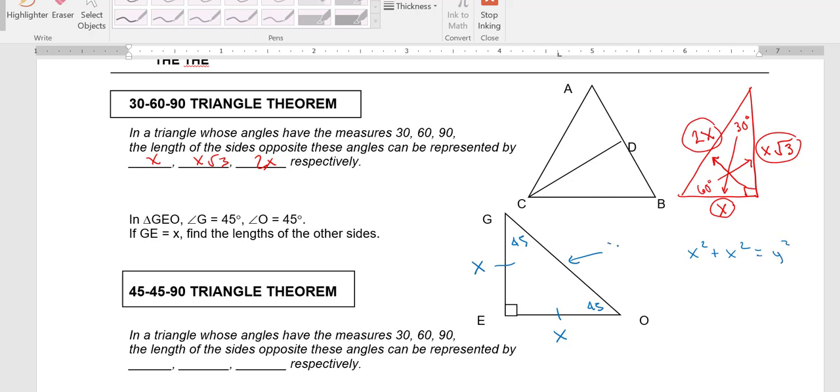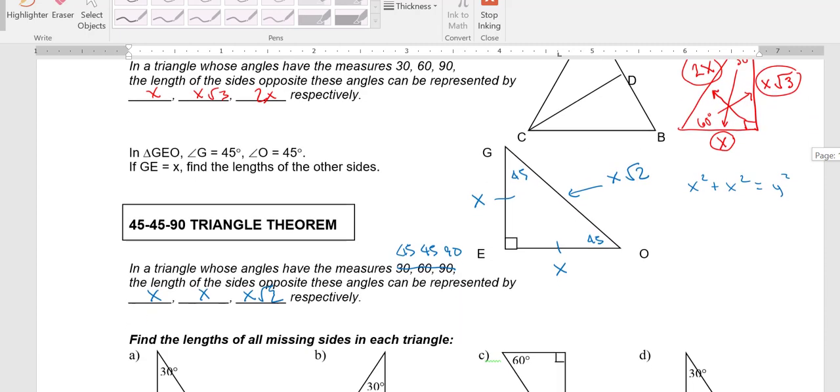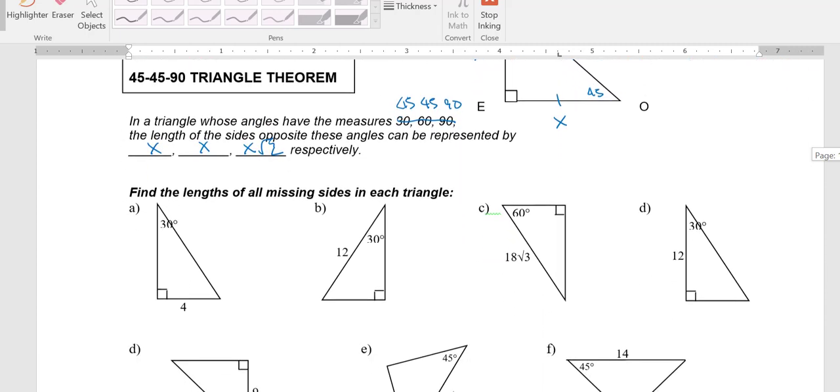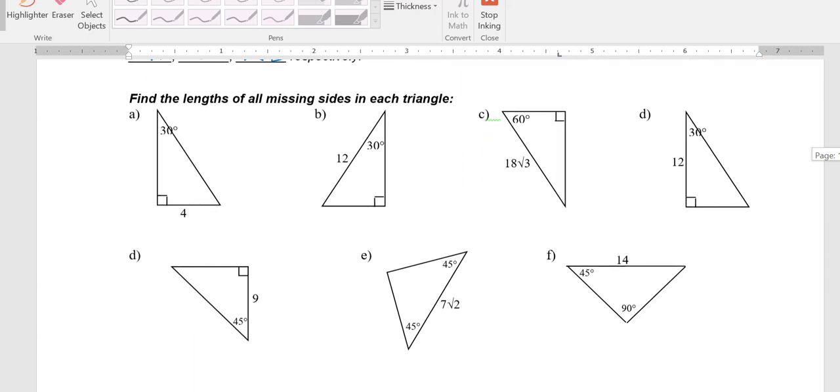But this side is going to be x times the square root of 2, always. So if we're looking at 45, 45, 90, it's going to be x, x, x times the square root of 2. All right, so let's try some problems down at the bottom, and you'll see that this will come in handy big time.